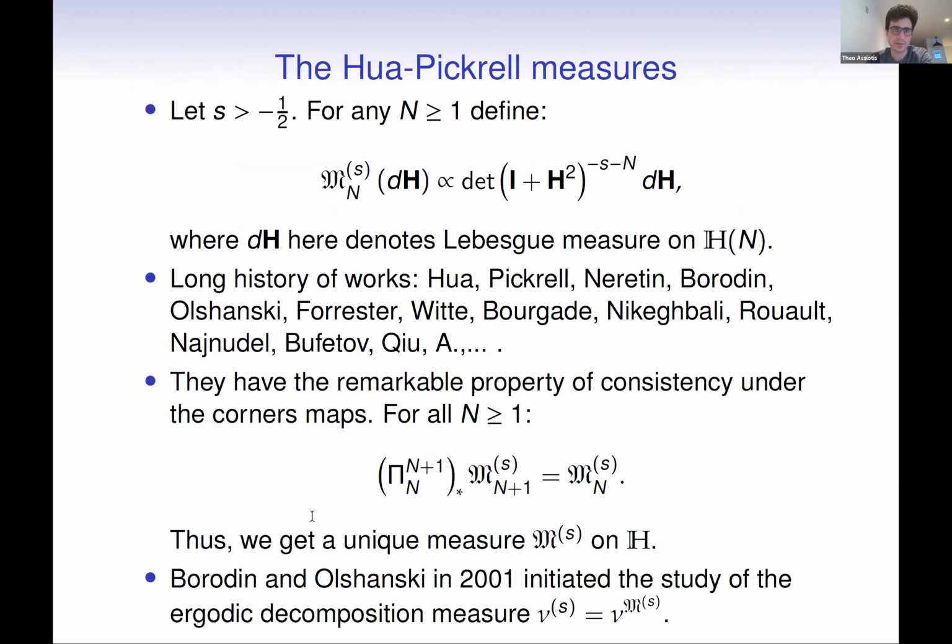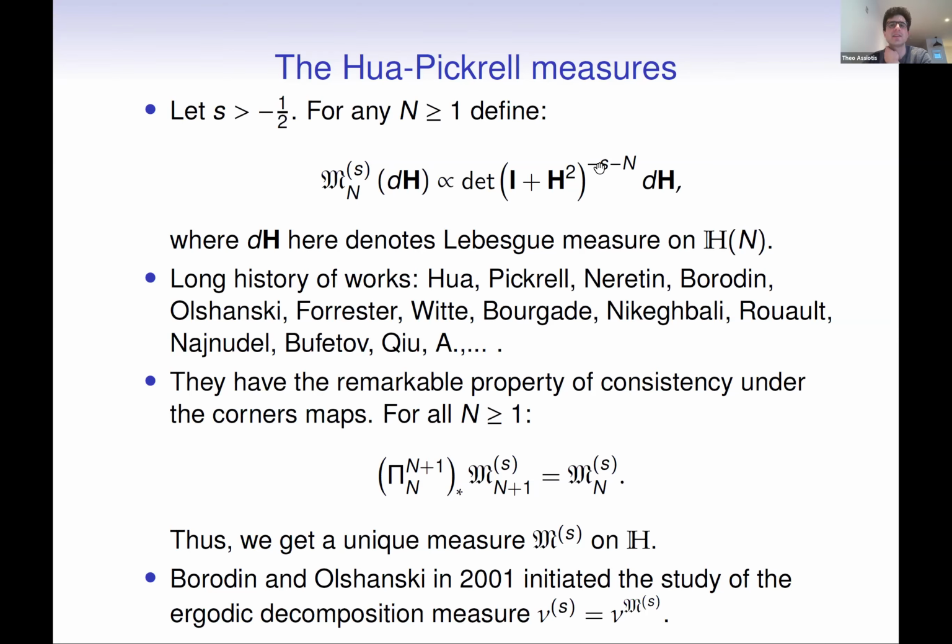Okay, so let me give you some distinguished probability measures on H. These depend on a parameter s, with s bigger than -1/2. I'm defining these probability measures on n times n Hermitian matrices as follows. There's some normalization constant so that it's a probability measure. S needs to be bigger than -1/2, otherwise you cannot normalize it.